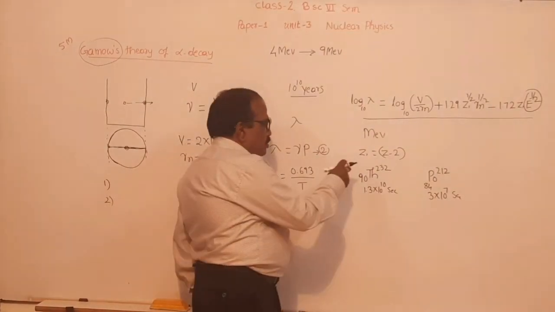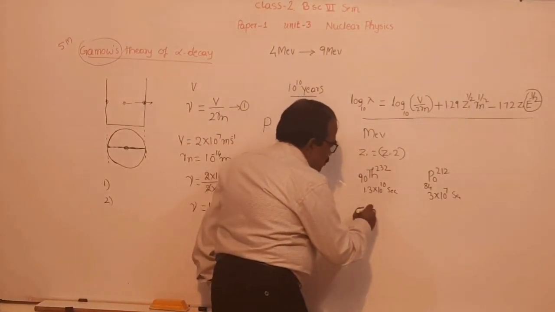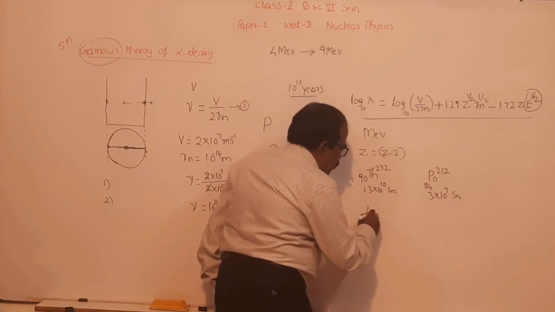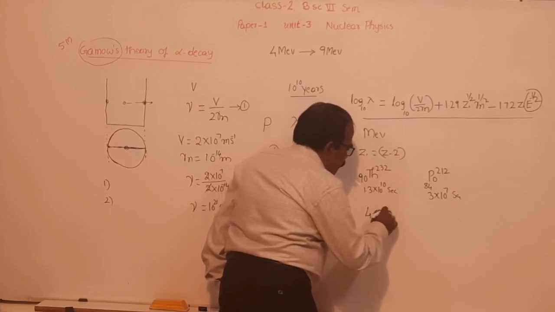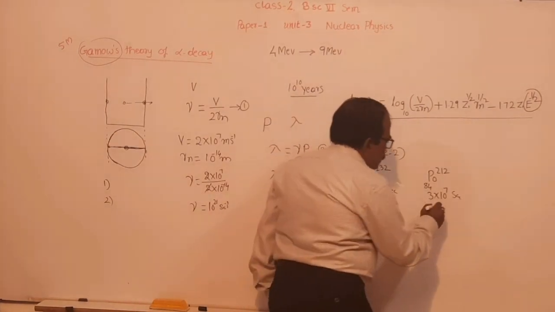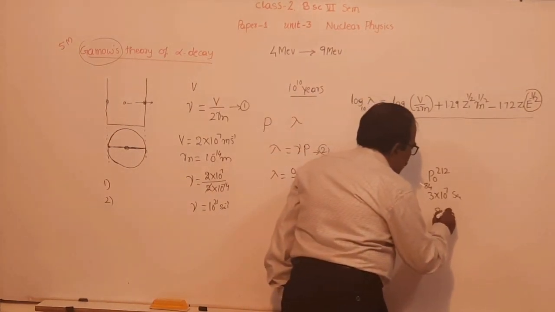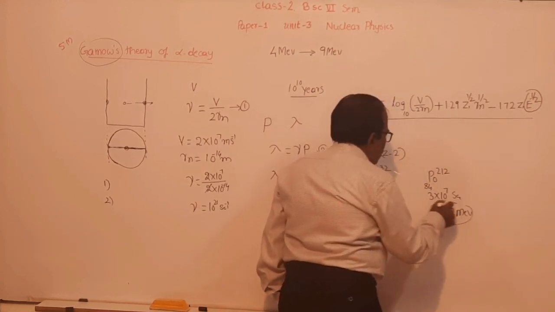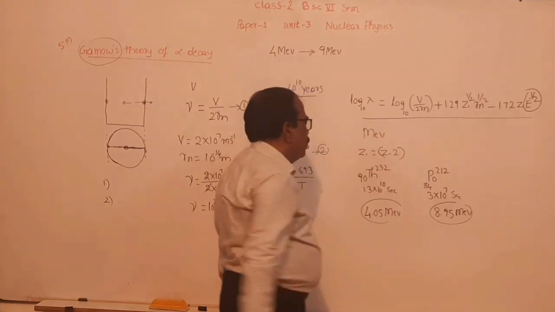Then its disintegration energy is 4.05 mega electron volts for thorium, and 8.95 mega electron volts for polonium. They have calculated this using this formula.